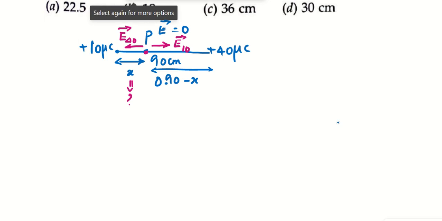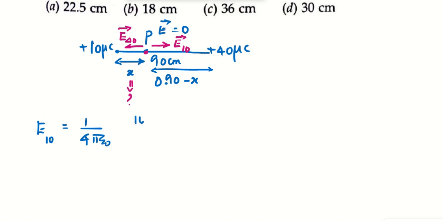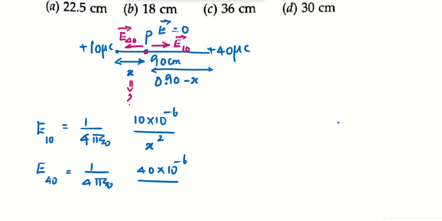So let's write E due to 10 microcoulomb as 1 by 4 pi epsilon naught, 10 into 10 power minus 6, divided by the distance of point P from 10 microcoulomb, x squared. Now write the same way here, E due to 40 microcoulomb equals 1 by 4 pi epsilon naught, 40 into 10 power minus 6, divided by 0.9 minus x whole squared.